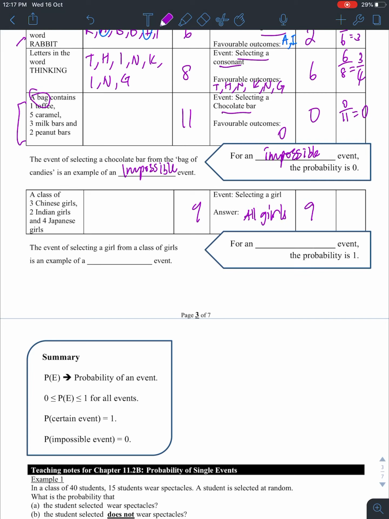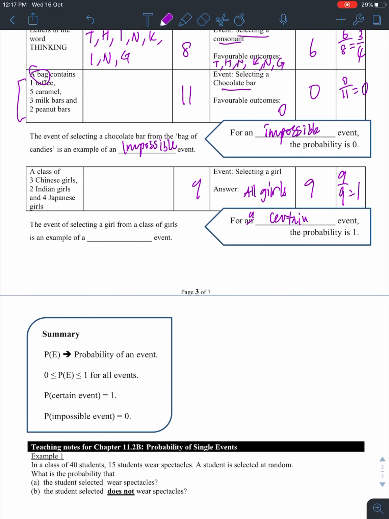Okay, 9 of them, so 9 over 9 gives us 1. So when we have probability equals to 1, it is a certain event. Okay, so the event of selecting a girl from a class of girls is an example of a certain event.